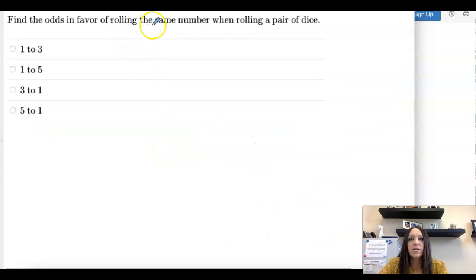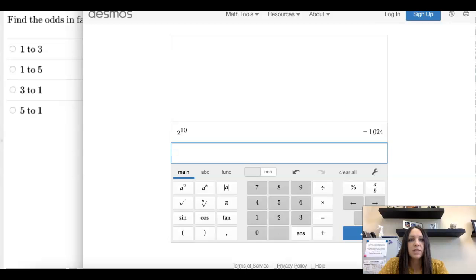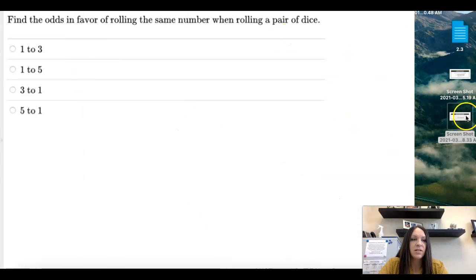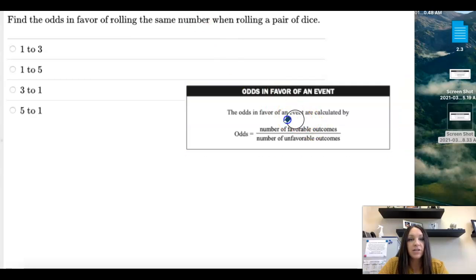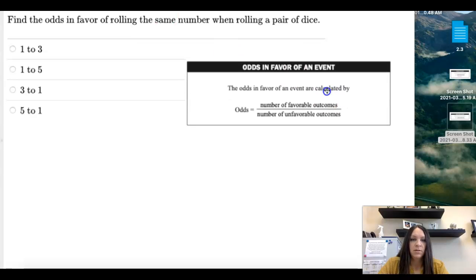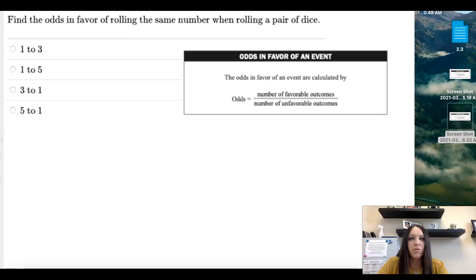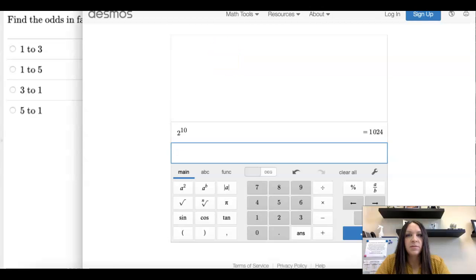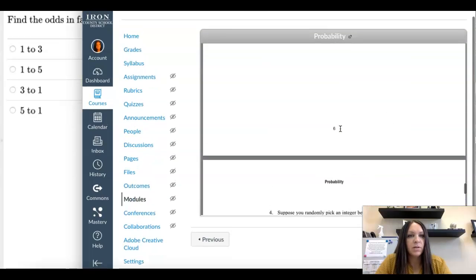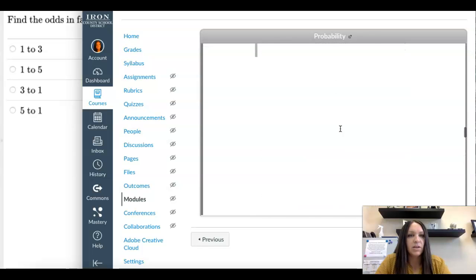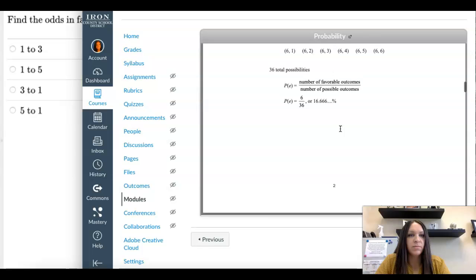Find the odds in favor of rolling the same number when rolling a pair of dice. So same thing here, I'm looking for odds in favor. And first, I just need to find the total outcomes, like what we did before. When I'm rolling a pair of dice, this is in your notes, we're talking about total outcomes.